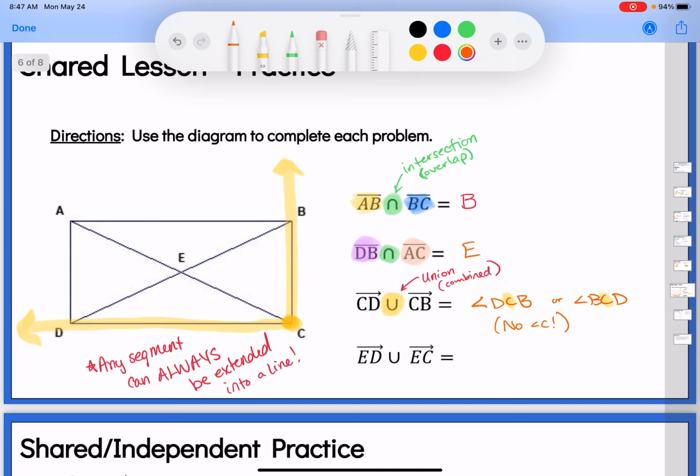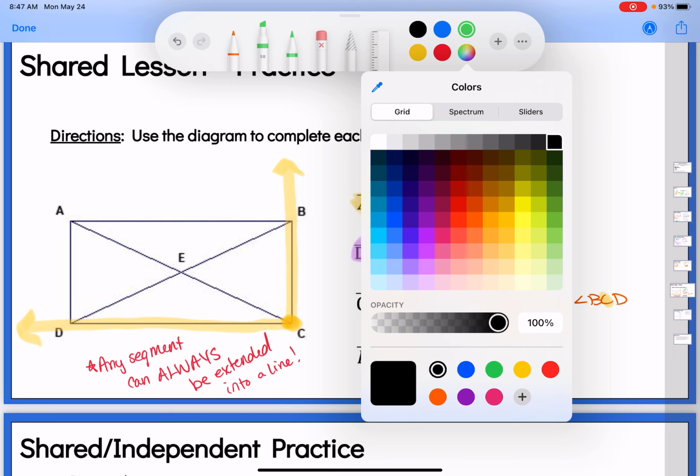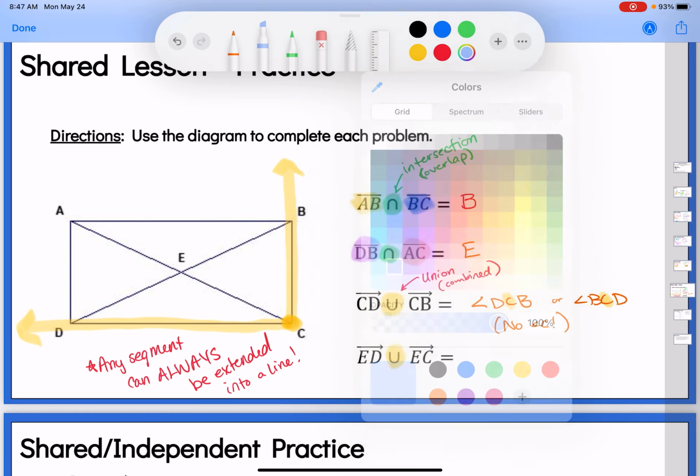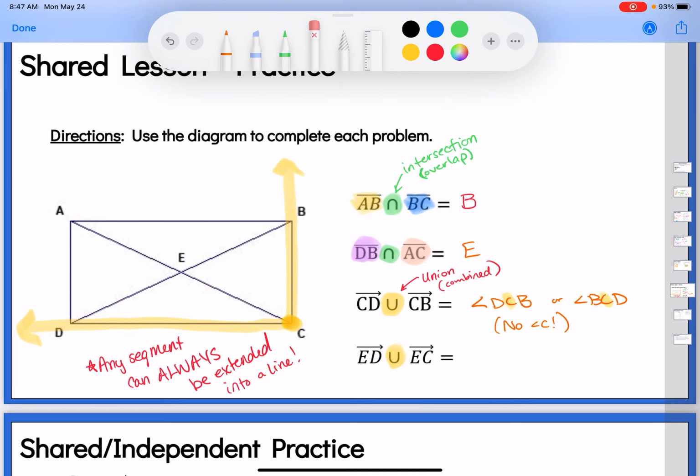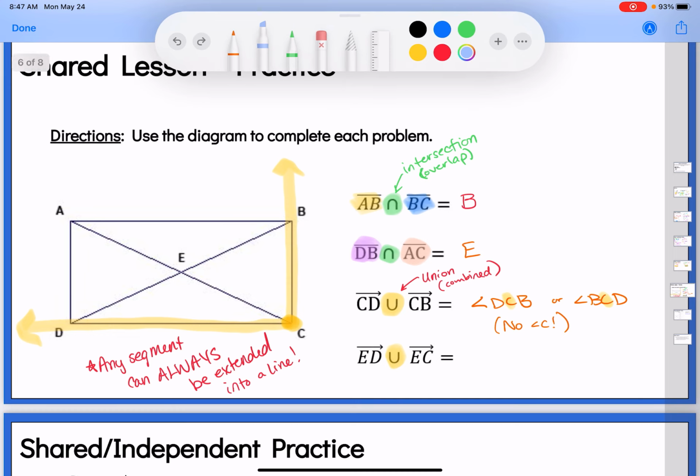Now the next one is also a union. So again, I'm going to do the union. See if you guys can figure this one out. Okay, getting a color here. Let's go with this one. So I want ray ED, so endpoint at E, going on forever in the direction of D, and then ray EC, endpoint at E, going on forever in the direction of C, and again I have an angle, right?